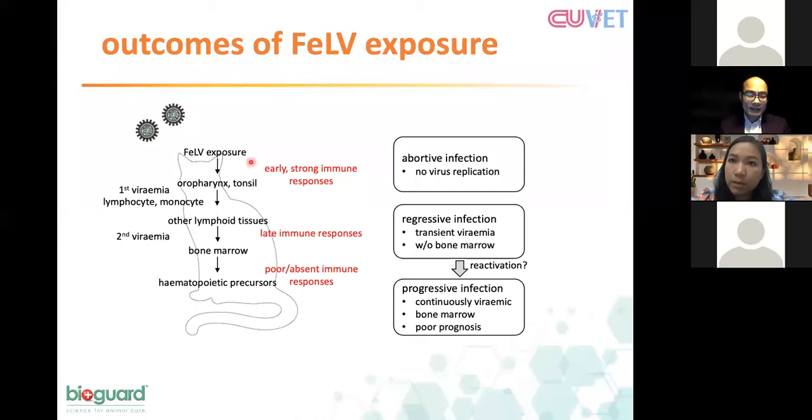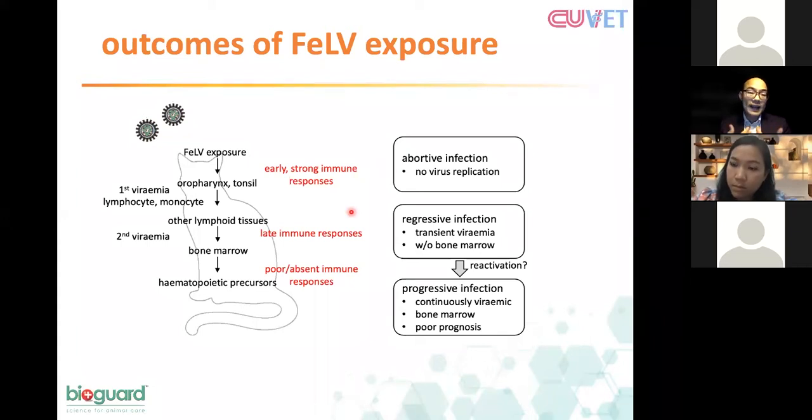However, at this very early stage of infection, if the cat is already immune to FeLV, for example vaccinated against FeLV, or is a fully mature, strong, healthy cat, it can mount an early strong immune response and stop FeLV replication. We call this an abortive infection, in which viral replication is stopped before it goes to the secondary lymphoid tissues.